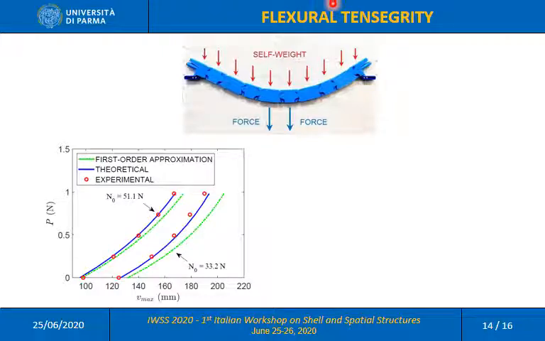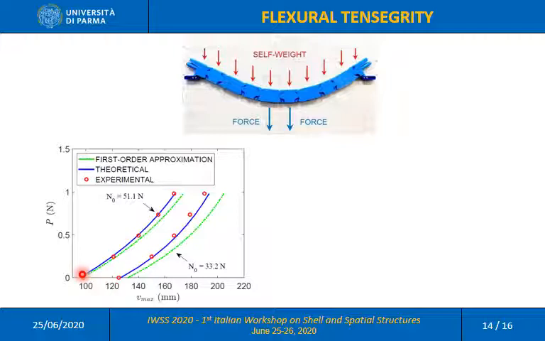If P denotes the value of each force forming the tandem, this figure represents the value of the maximum sag V_max as a function of the force P. The blue line represents the theoretical prediction, and the red dots are the experimentally measured points.